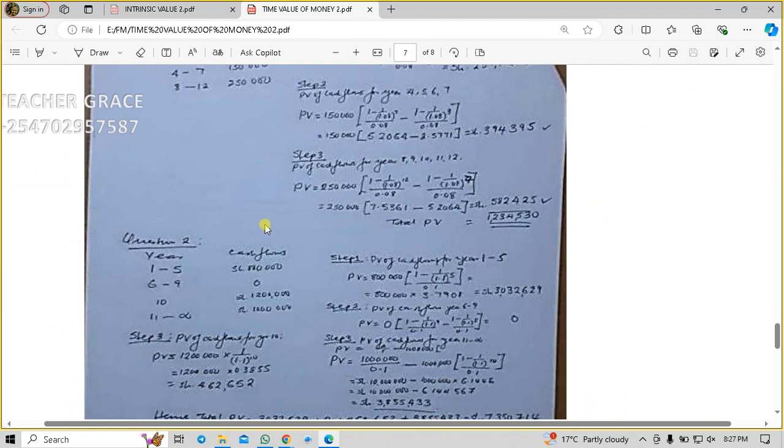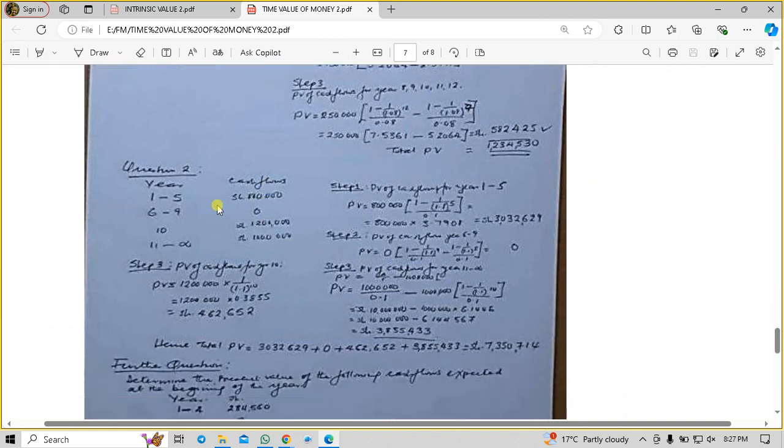So there's this illustration 2, where you're supposed to calculate the present value for year 1 to year 5, 800,000, year 6 to 9, 0, then year 10, 1.2, year 11 to infinity. We're going to use that.